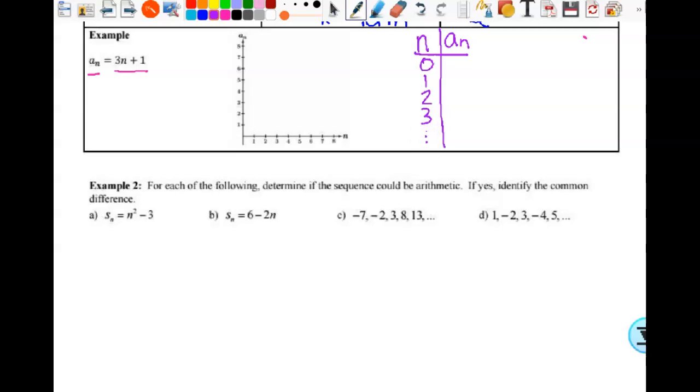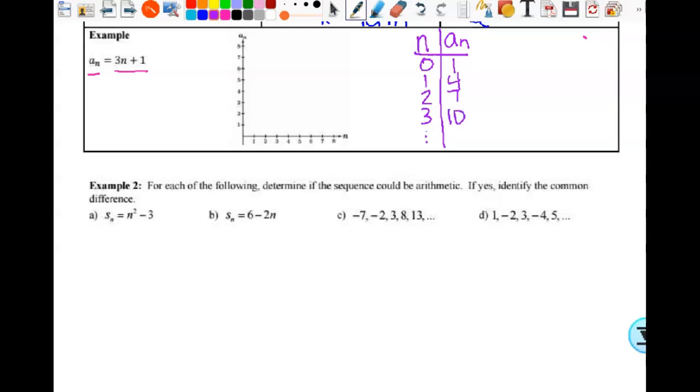So then if we needed to show some work, we could, but this is super simple, so we don't have to necessarily show that we're substituting it in a situation like this. When I substitute in 0, what do I get? 1. When I substitute in 1, what do I get? 4. I substitute in 2, I get 7, and 3 gives me 10.